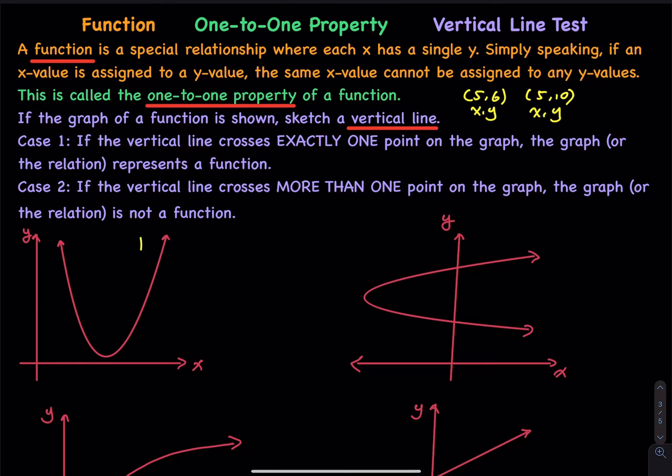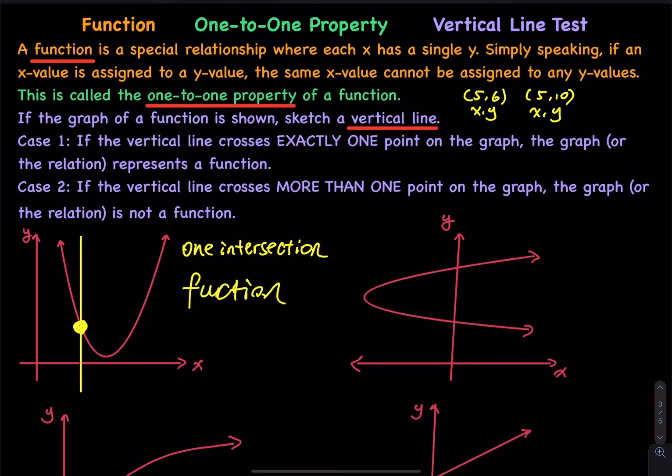So let's say right here, or you can do it right here, or right here. It doesn't matter where you position the vertical line. Do you see that there is exactly one intersection, right? So there is one intersection. So that means this is a function. This graph represents a function.